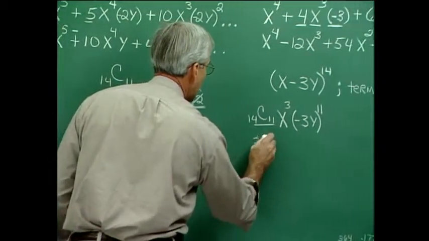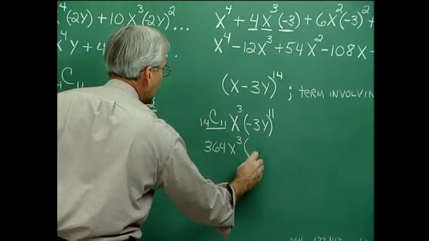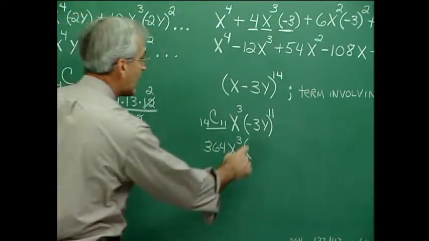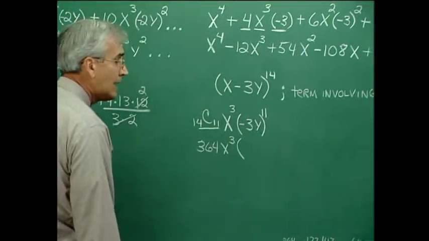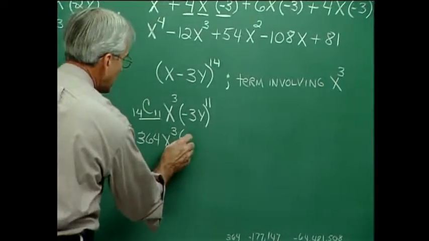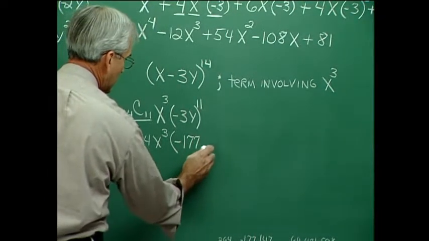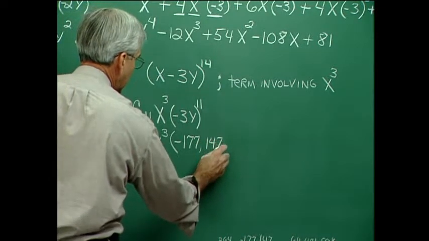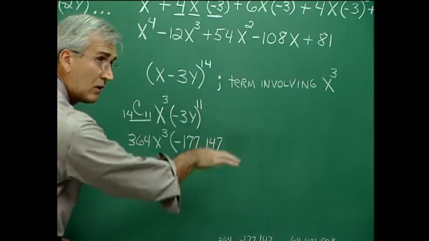So if we have 364 x cubed, and now in parenthesis, wow, I want to raise negative 3y to the 11th power. Negative 3 to the 11th power. That turns out to be negative 177,147. Now I didn't do that in my head. I can't do math that well. I have it written off camera.